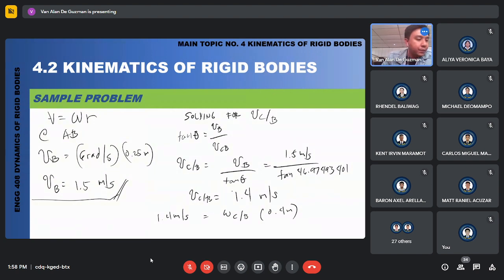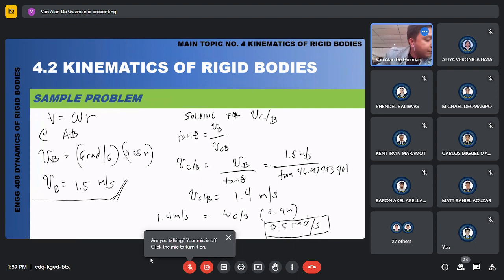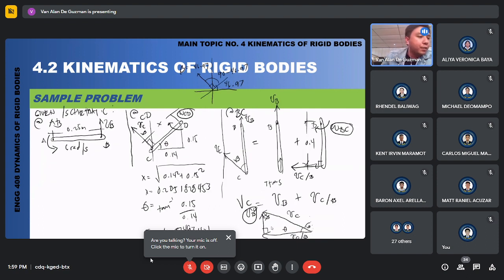That is 3.5 rad per second. Okay? Tama ba? Pare-parehas po ba tayo? Same po.